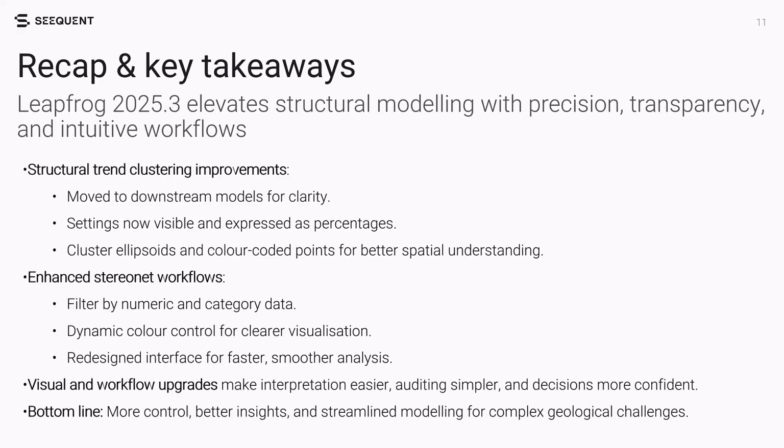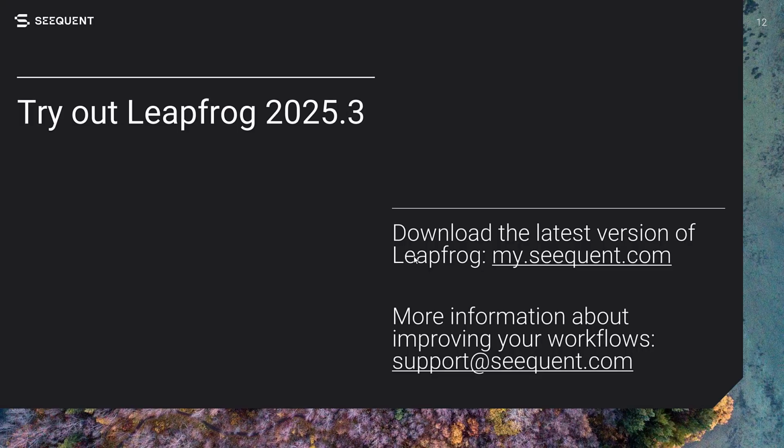Stereonets have received a major upgrade. You can now filter displays by numeric and category data, adjust color maps on the fly, and enjoy a redesigned interface that's clearer and more responsive, helping you get to insights faster. Overall, these enhancements give you more precision, transparency, and confidence in your geologic interpretations. More control, better insights, and workflows that just make sense.